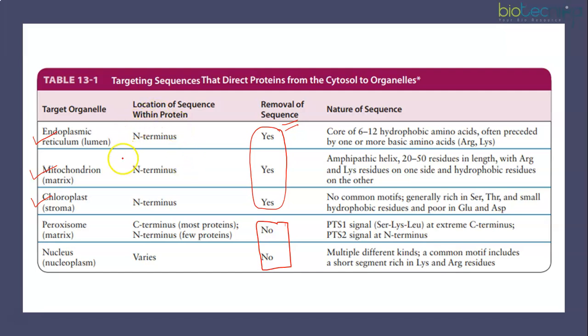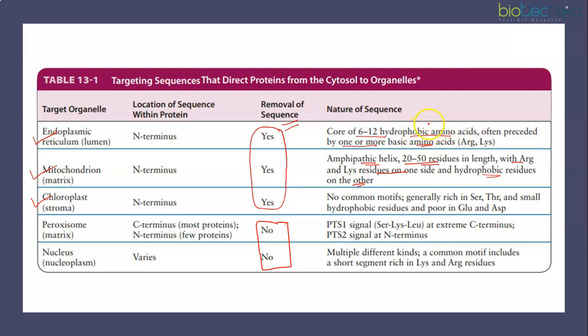And all these proteins will have the signaling sequence present towards the N-terminus. If you see the endoplasmic reticulum, it is a core of 6 to 12 hydrophobic amino acids preceded by one or more basic amino acids. For mitochondrion, it is an amphipathic helix, 20 to 50 residues in length, that means quite long. That will have arginine and lysine on one side, whereas hydrophobic residues on the other.